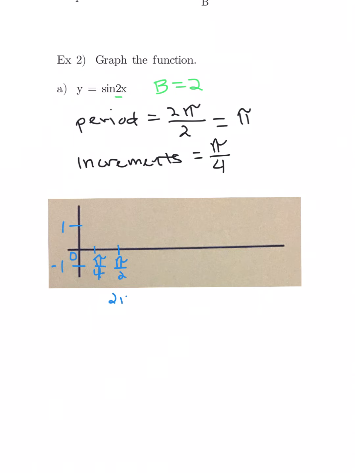If you wish to write it as 2 pi over 4, I am fine with that. 2 pi over 4 plus another pi over 4 gives me 3 pi over 4. 3 pi over 4 plus pi over 4 gives me 4 pi over 4, which is pi. Again, if you would like to write it as 4 pi over 4, that is absolutely fine.